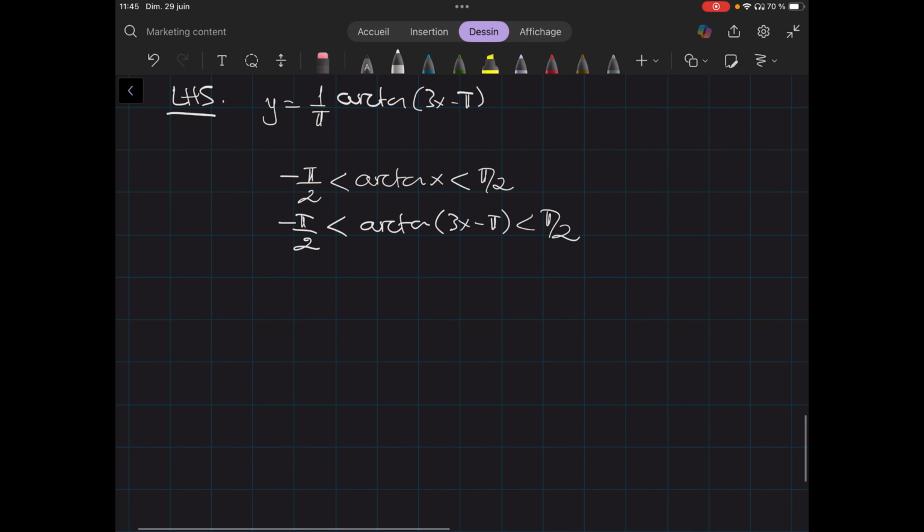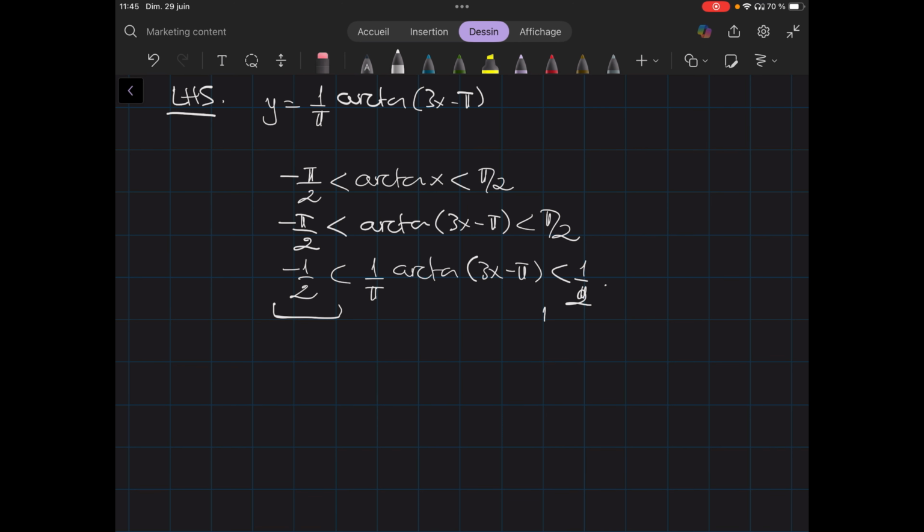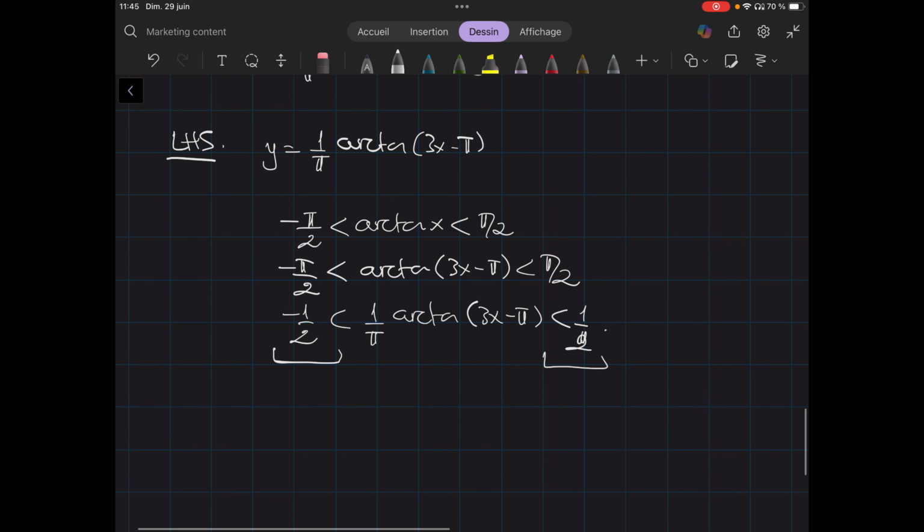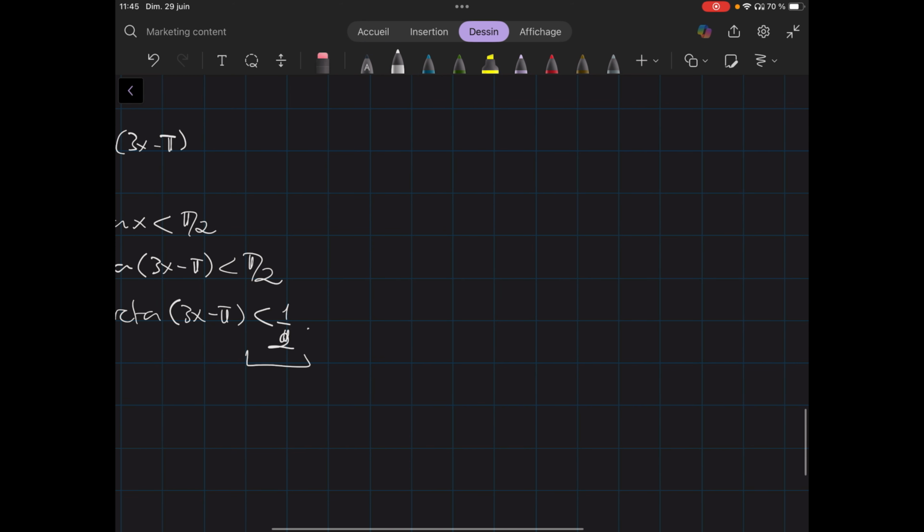And then we're going to multiply everything by 1 by pi. 1 by pi arctan of 3x minus pi is less than 1 by pi times pi by 2. So we know that the range of the left-hand side is between negative 1 by 2 and 1 by 2 exclusively. Let's look at the right-hand side. y is equal to 1 over 2x squared minus x plus 1.